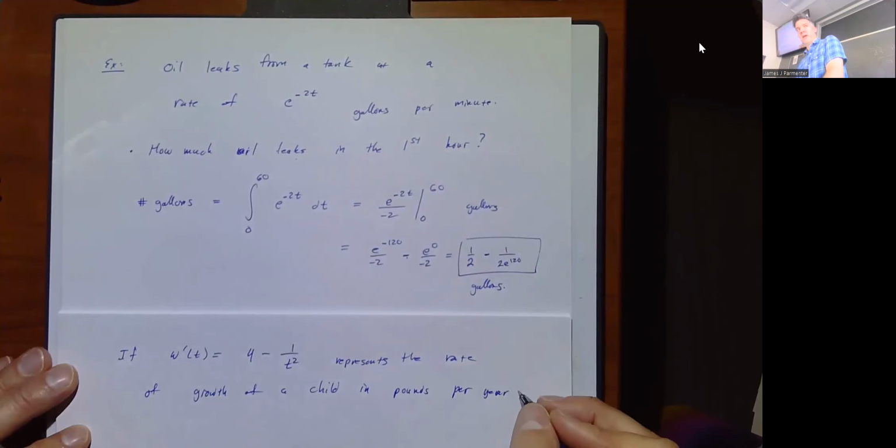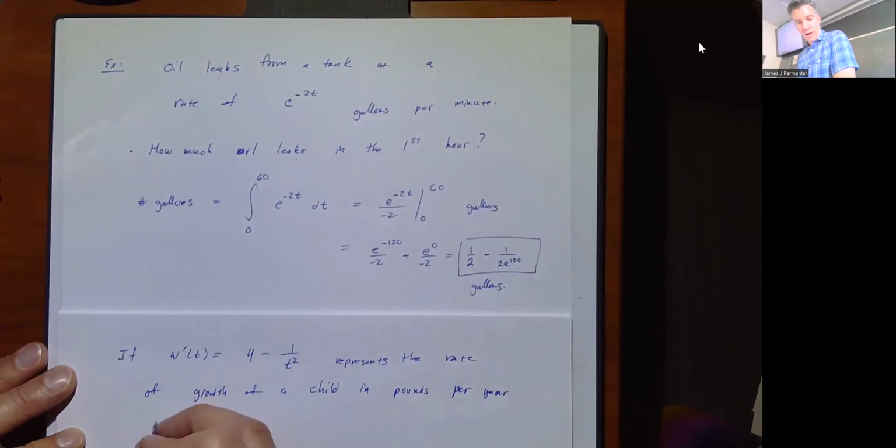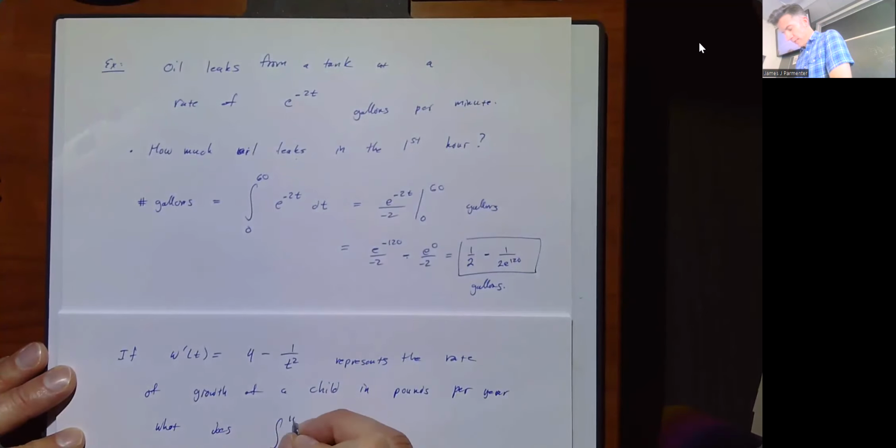Again, my numbers are terrible here because I'm making stuff up. What does the integral from 5 to 10 of this represent?